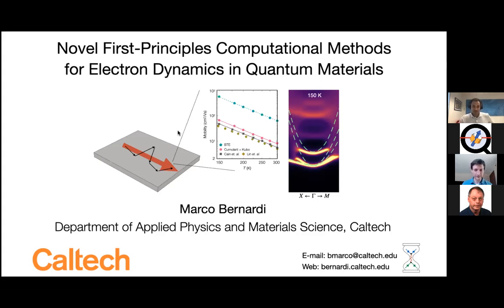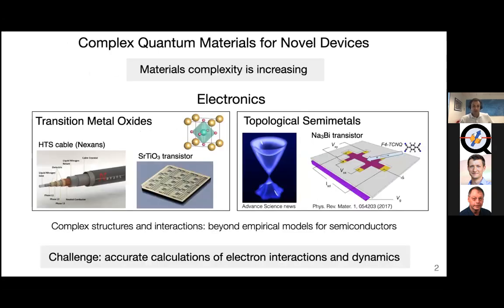So today I will talk about new first principles computational methods to study electron dynamics in quantum materials. Now, as you know, materials are becoming increasingly complex, and we have examples of that in various fields.